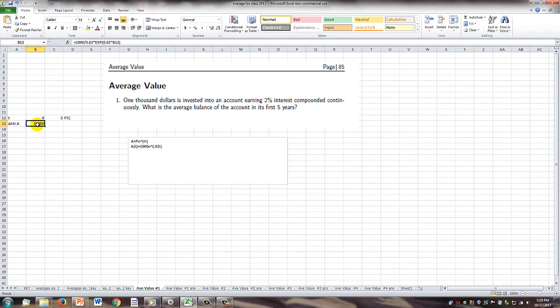So that's the lower limit and the upper limit, and then the FTC says subtract those two values, and then the average is the FTC, the area under the curve, divided by 5 minus 0, or just 5. And so your average balance in the account over the first 5 years is $1,051.